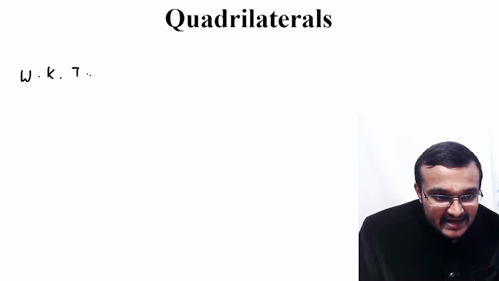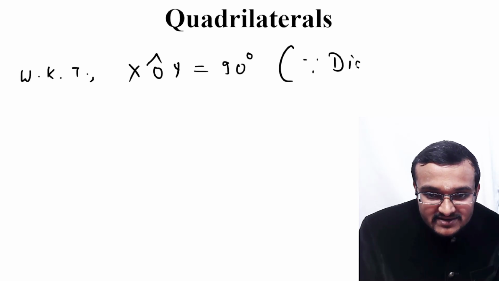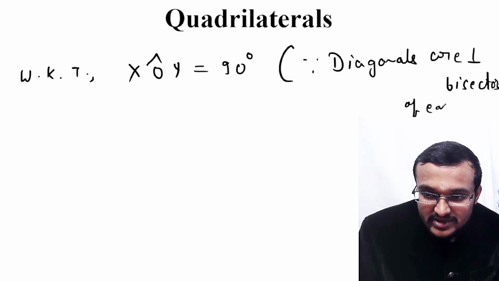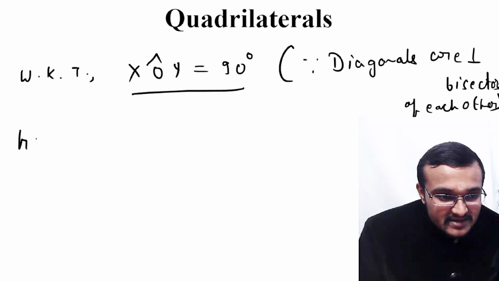We know that XOY is equal to 90 degree because diagonals are perpendicular bisectors of each other. They are bisecting each other perpendicularly. That's why XOY is equal to 90 degree.